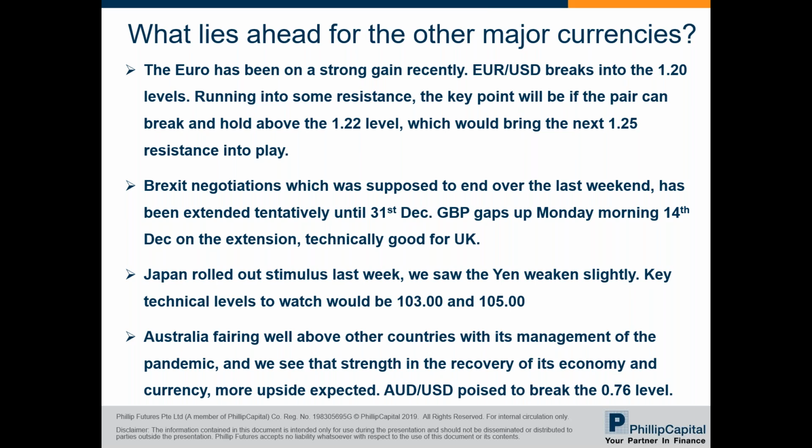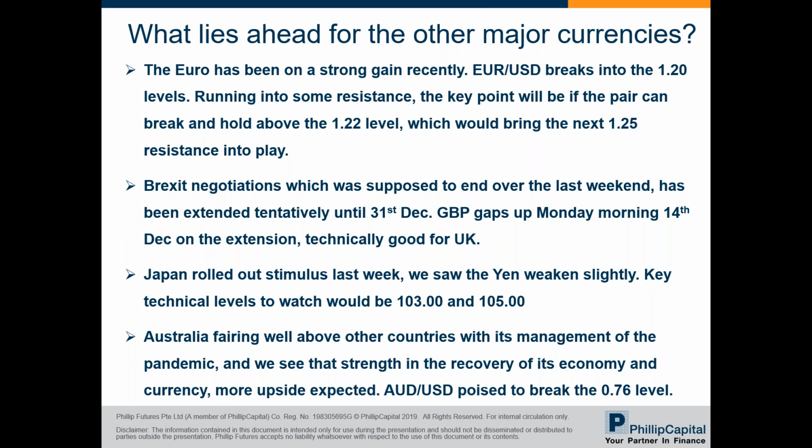For the pound, obviously Brexit negotiations, which were supposed to end over the last weekend, have been extended tentatively until 31st December. We saw the pound gap up on Monday morning, on the 14th, yesterday, on the extension, which is technically good for the UK, as it slightly avoids a hard Brexit or a no-deal Brexit for now.